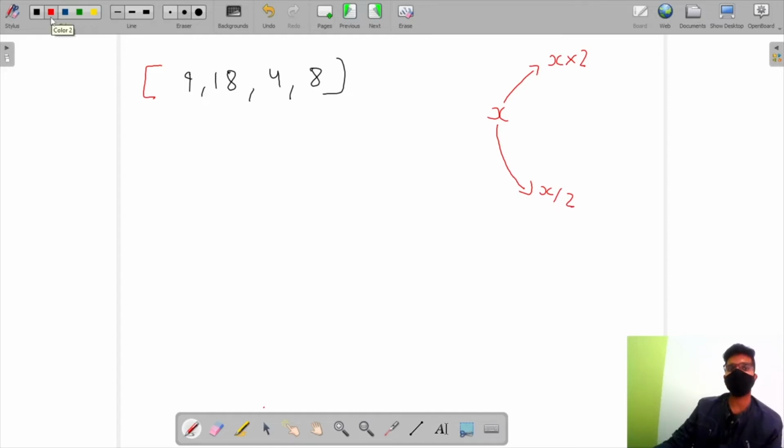I hope you're understanding the point I am focusing on. Here my 9 got a double, that is 18, right? And here also my 4 got a double, that is 8.